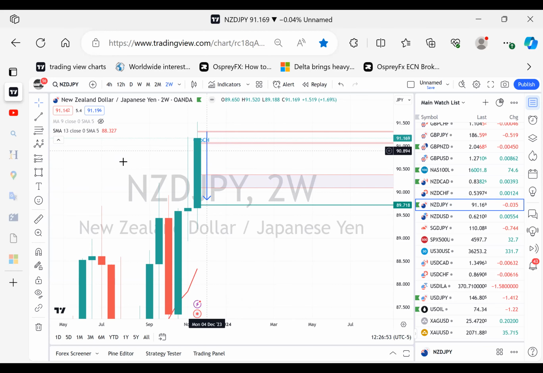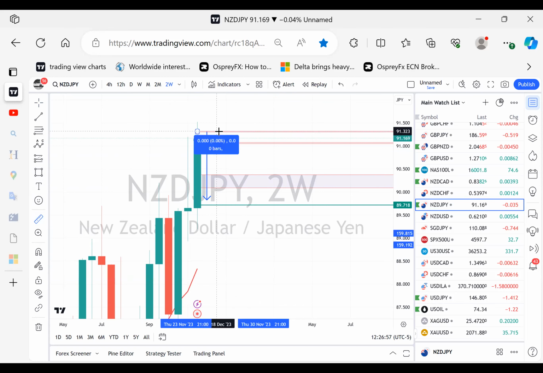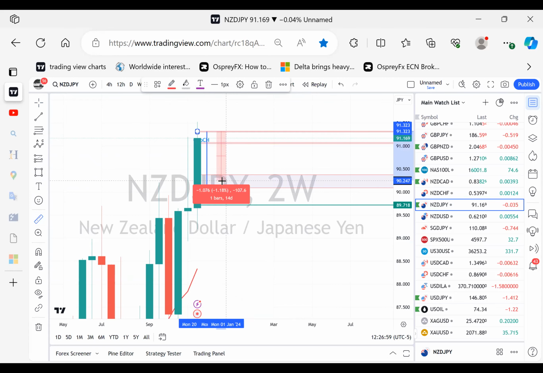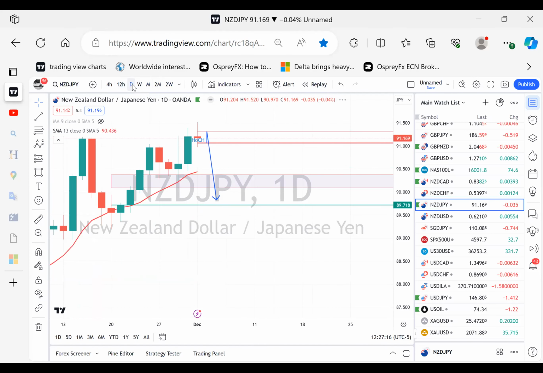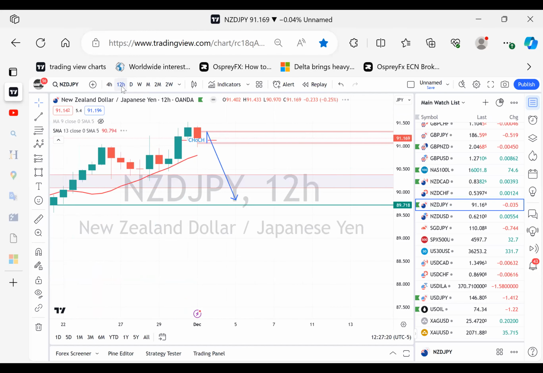I just care that there's room that you can catch a move for 116 pips, 139 pips if it goes further down. I mean, the setups are all over the place. It's just a matter of you looking and recognizing what's going to happen.